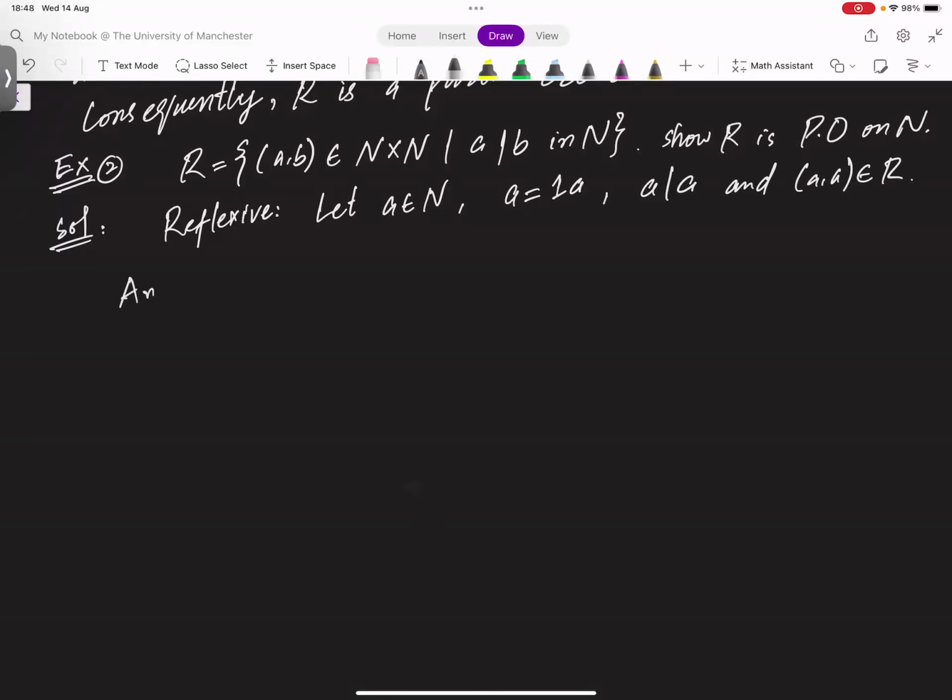Antisymmetric. Let (a, b) and (b, a) be in R. Then a divides b and b divides a.